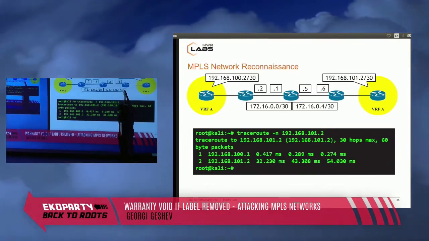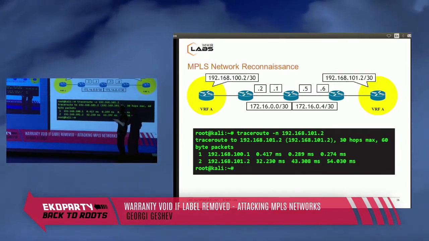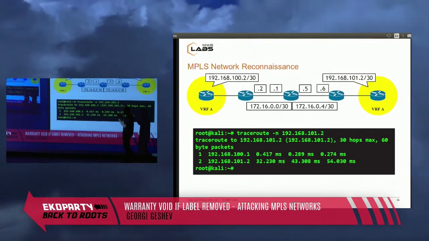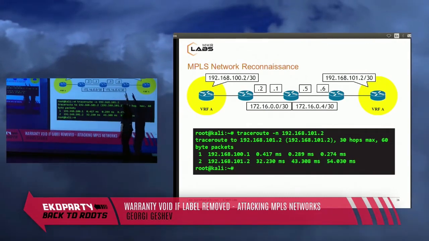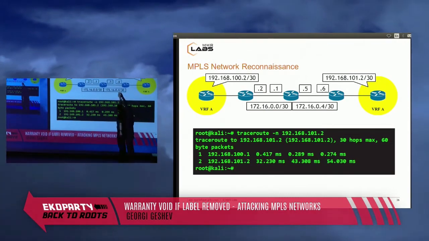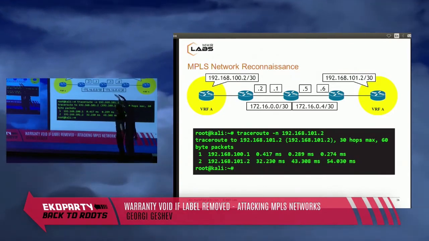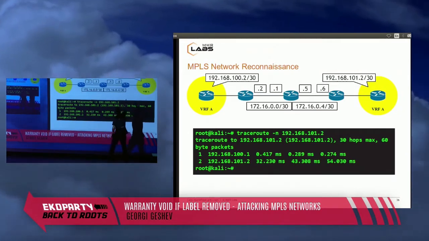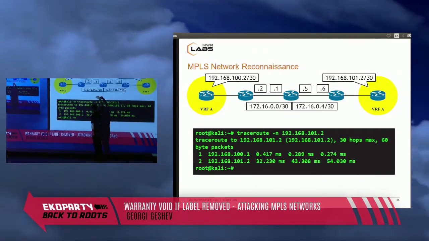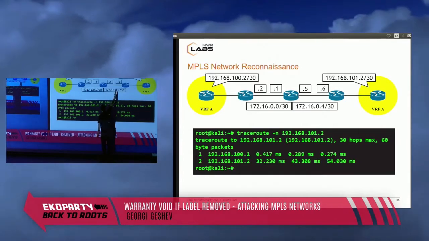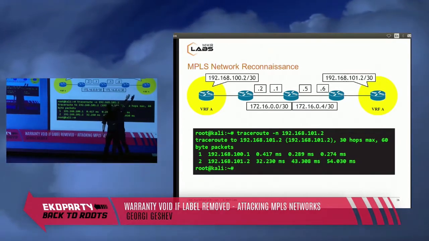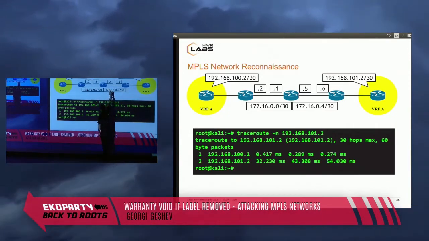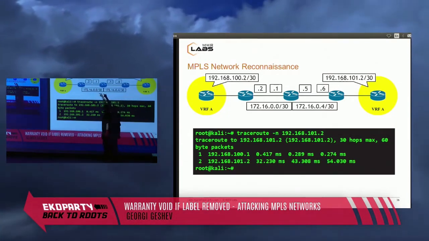When this device handles the traffic, it parses the IP header, sees that the record route IP option is enabled, and puts the IP address of the egress interface into the list of IP addresses in the IP options field. Same applies to this provider edge device. So when a packet comes from customer side B to customer side A, on the way, we'll be able to reveal the IP addresses for the egress interfaces.